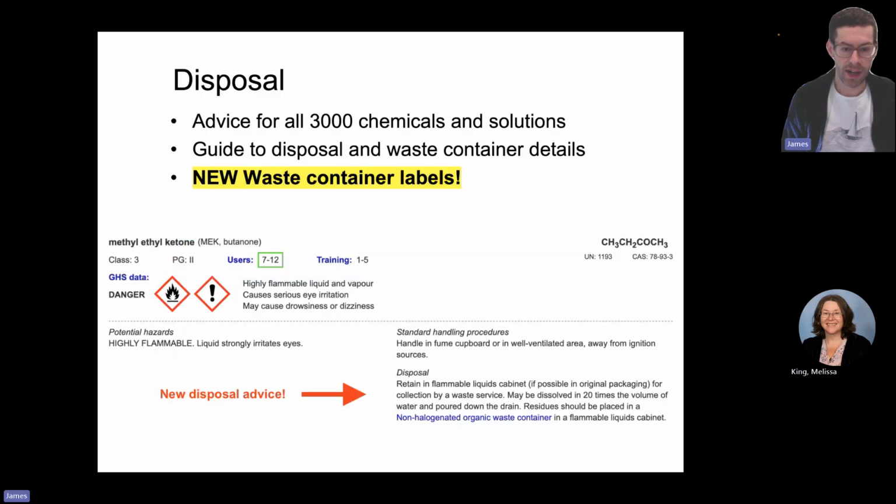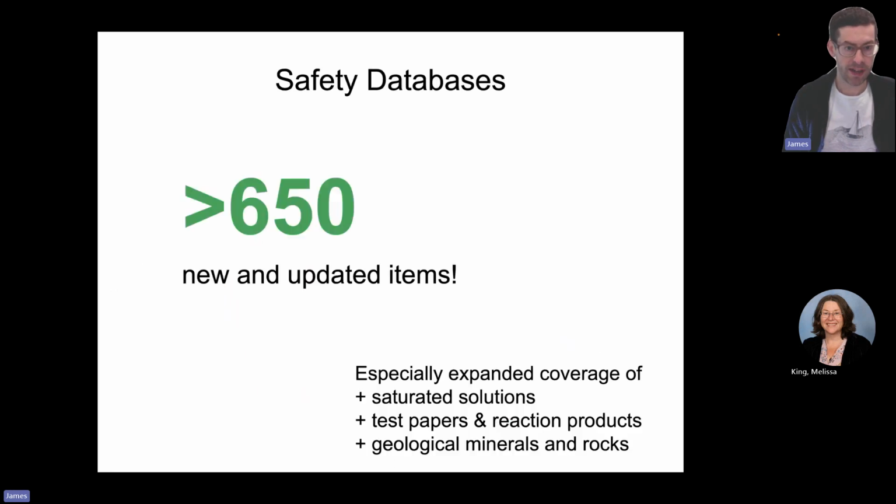All right. So that's the new waste container labels. Philip also put a lot of work into the safety databases recently. There are 650 or so new and updated items, especially saturated solutions, test papers and reaction products, and geological minerals and rocks. A lot of them are little updates to things as well.